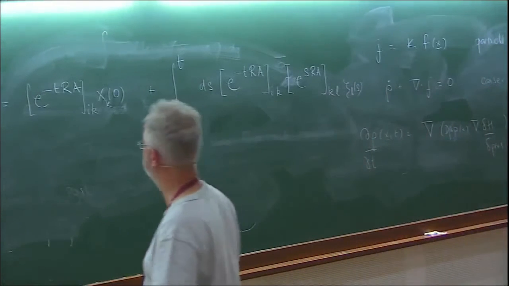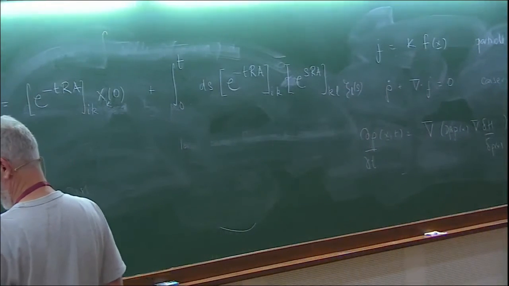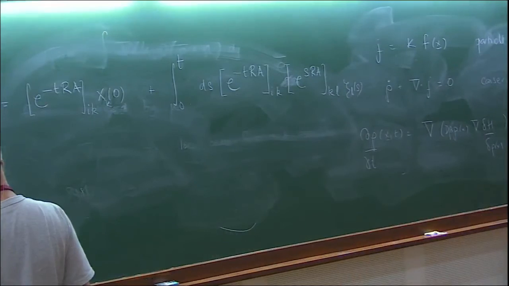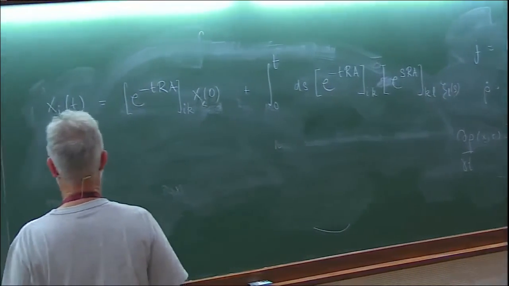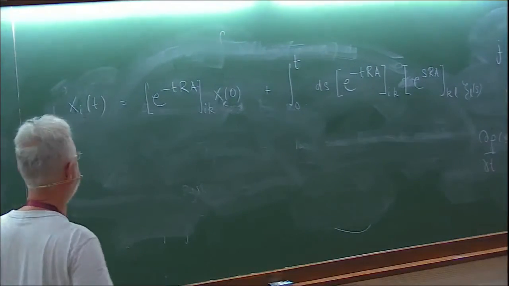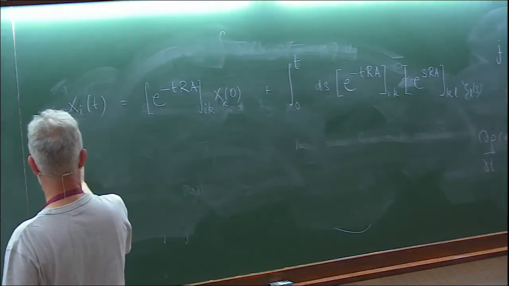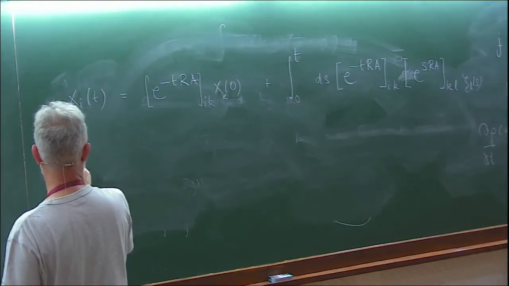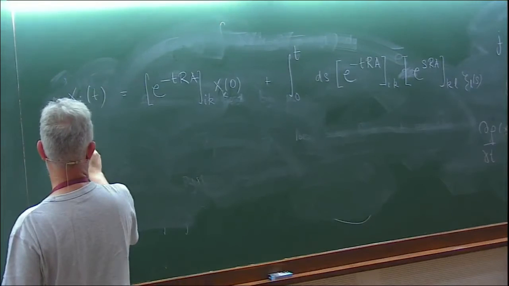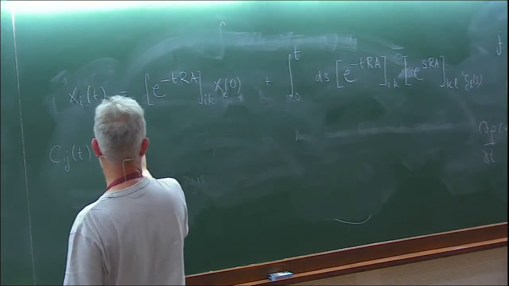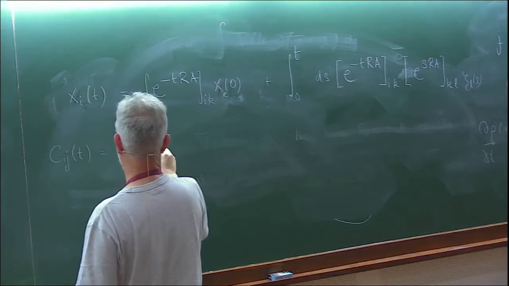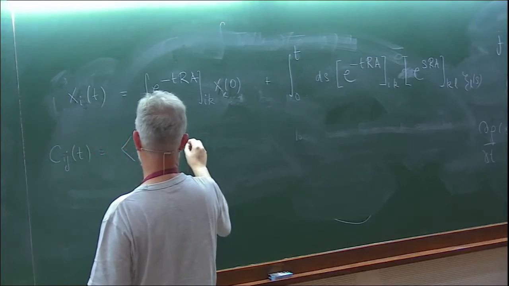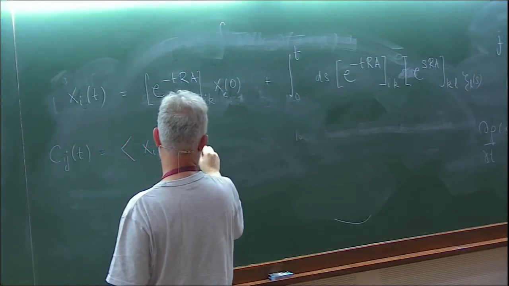Now, the first thing I can do, what is really easy to do, is to calculate the correlation function, right? If I imagine some sort of steady state, I can look at C_ij(t), which is equal to the expected value of x_i(t) times x_j(0).